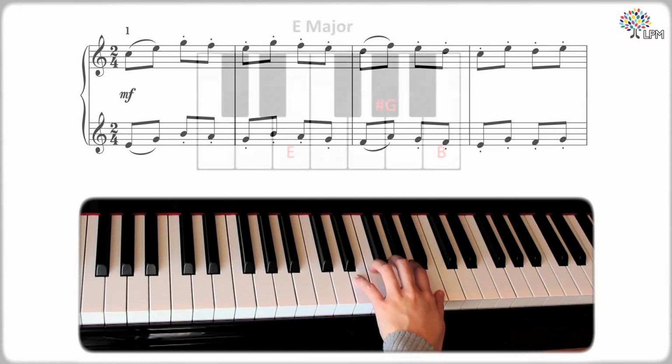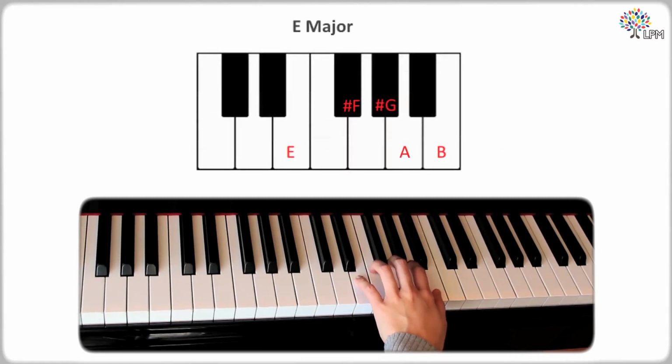The left hand is playing an E five-finger pattern, with lowered 2 and 3, meaning that F and G, the second and third notes of the E five-finger pattern, are typically sharp in E major.